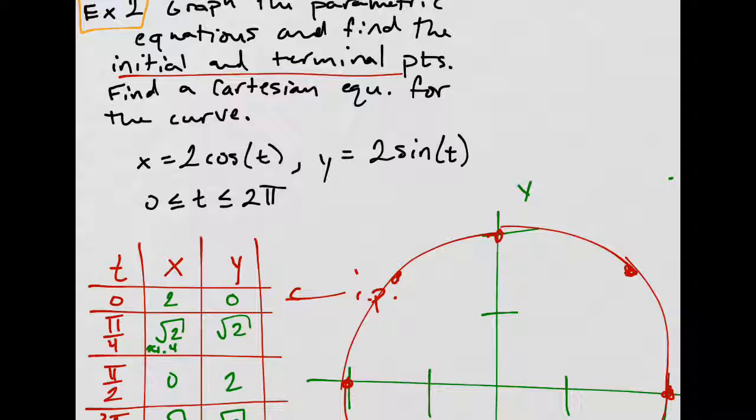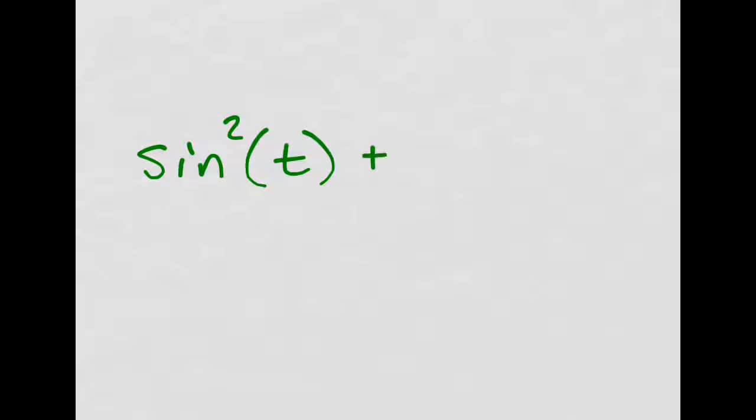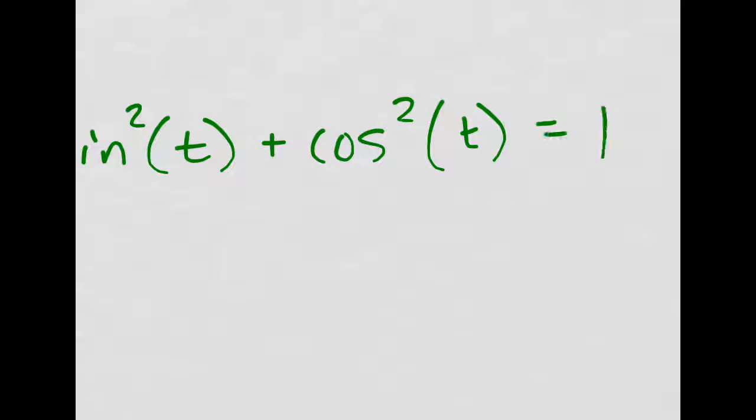It's not really trickery. We just have to realize that we have cosine and sine. So one fact that we hopefully remember is that sine squared t plus cosine squared t equals 1.